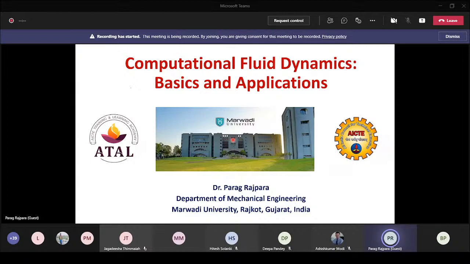First, what is CFD? You might have some basic knowledge about it, and you might be using different CFD codes in your research work or academics. The full form is computational fluid dynamics, but its scope is not limited to fluid dynamical problems.